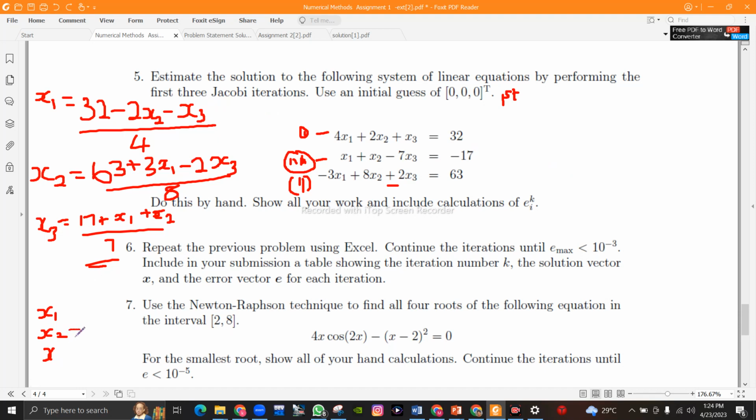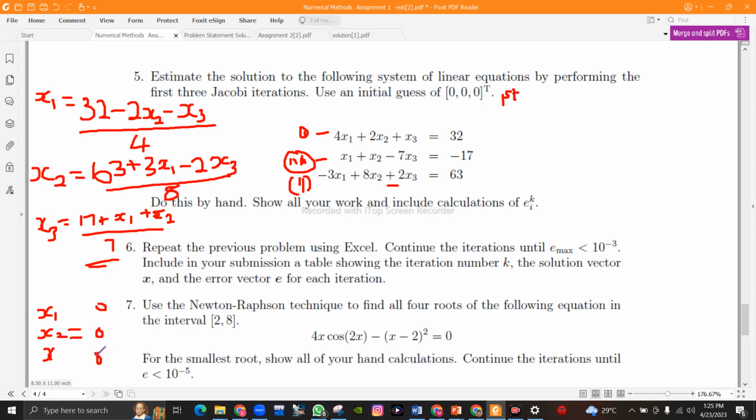But first, we have to calculate the error in each case. These are our initial values, 0, 0, 0.